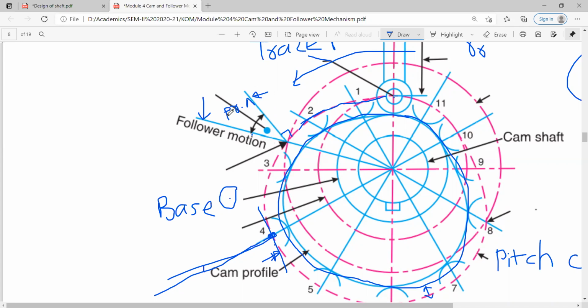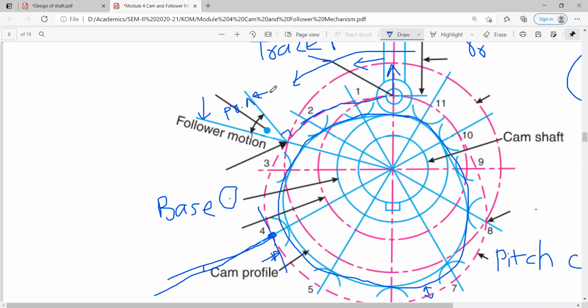So this force will produce a side thrust, because the force is not acting along the radial direction, it is acting along the side direction, that is the tangent direction to the guides. Because of that, the follower will get jammed in the guides and will not move up or down.